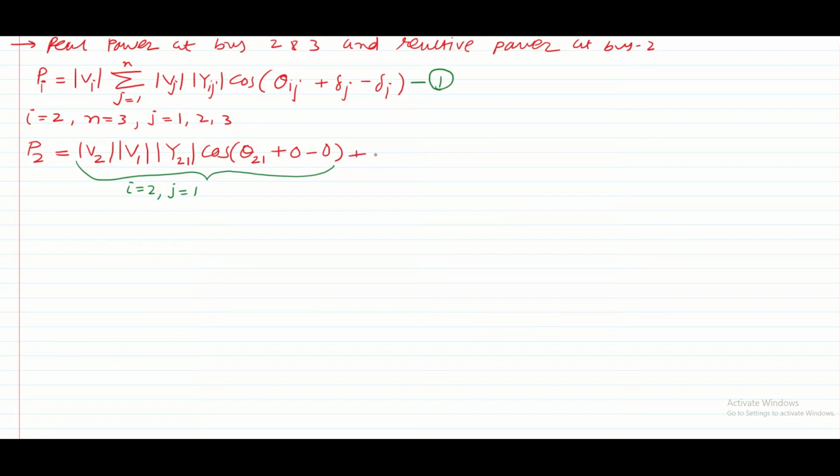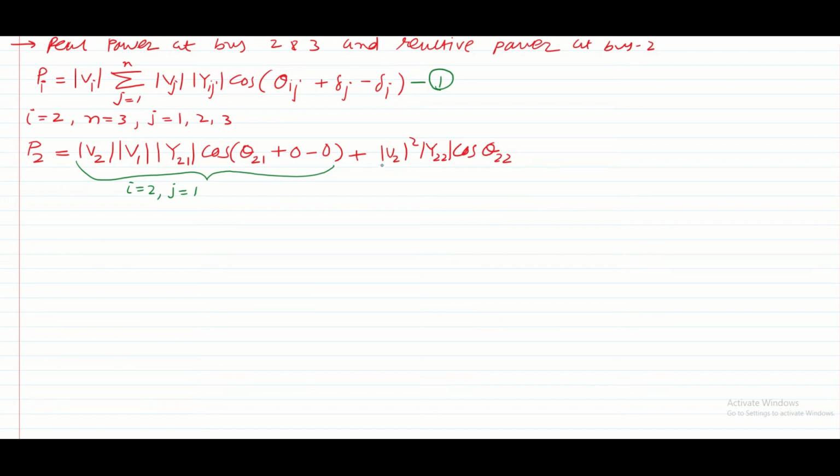So we will get V2 square Y22 cos of theta 22. Because here i and j are the same, delta 2 minus delta 2 cancels out. So I will get the final equation like this.